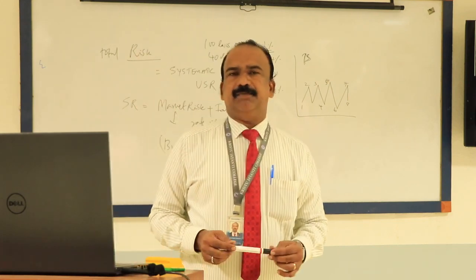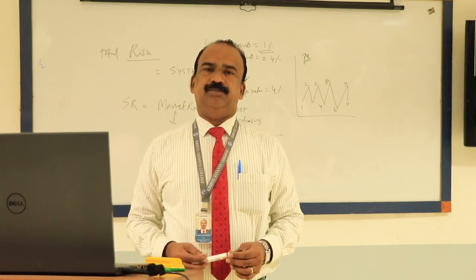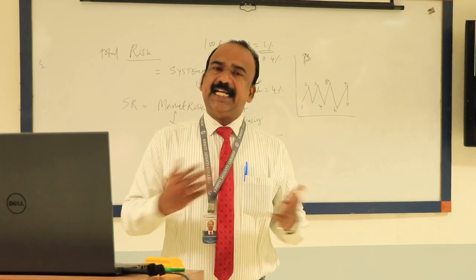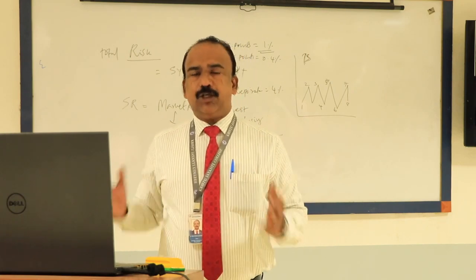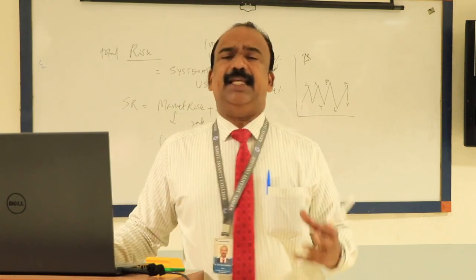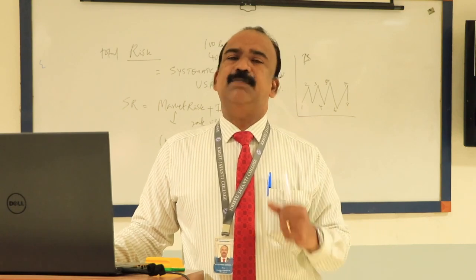Next one is unsystematic risk. Unsystematic risk, or we call it diversifiable risk, or controllable risk. The previous one is uncontrollable risk. This is called controllable risk. It is subject to a particular company. What happened in Yes Bank now?